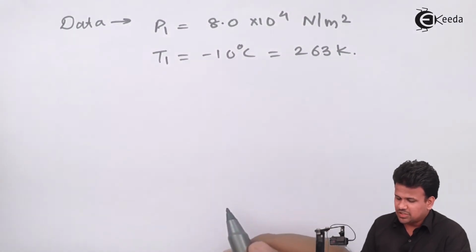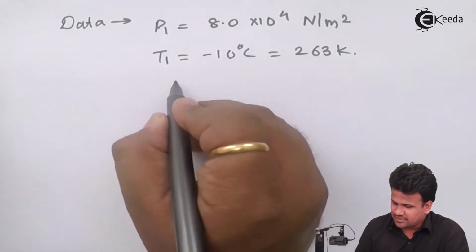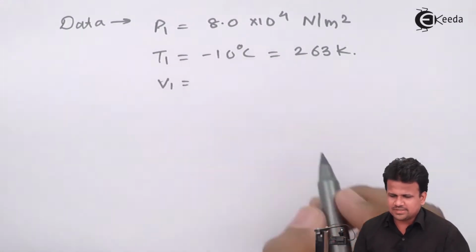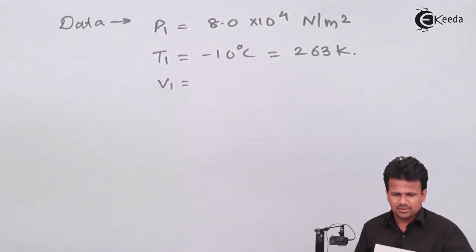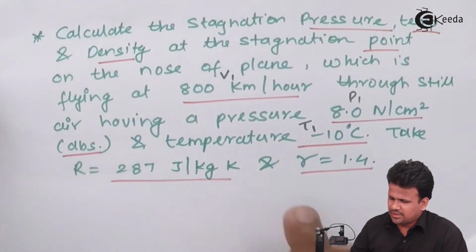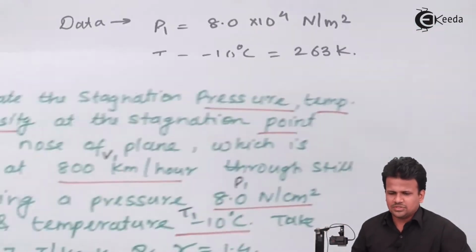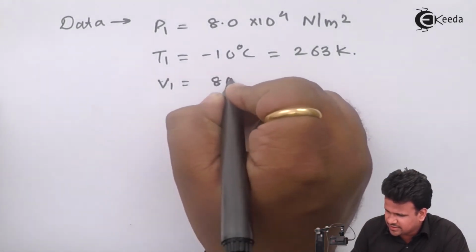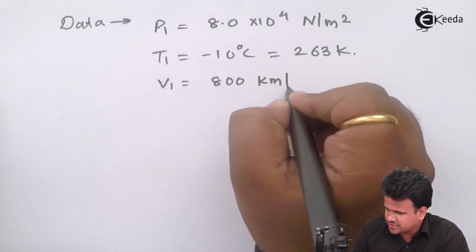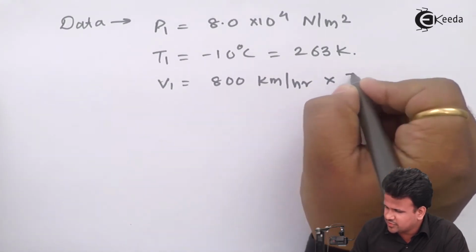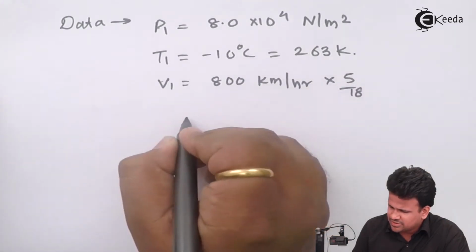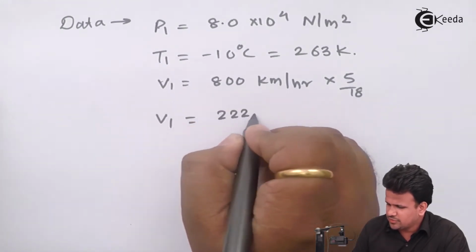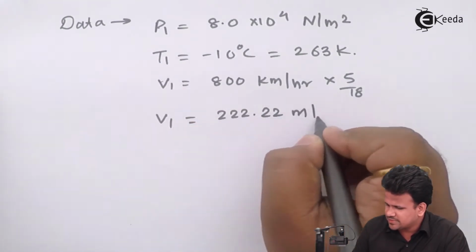And the velocity of the aircraft V1 is given to us as 800 kilometers per hour. So let us substitute that value, 800 kilometers per hour, into 5 by 18. This will give us the velocity V1 as 222.22 meters per second.